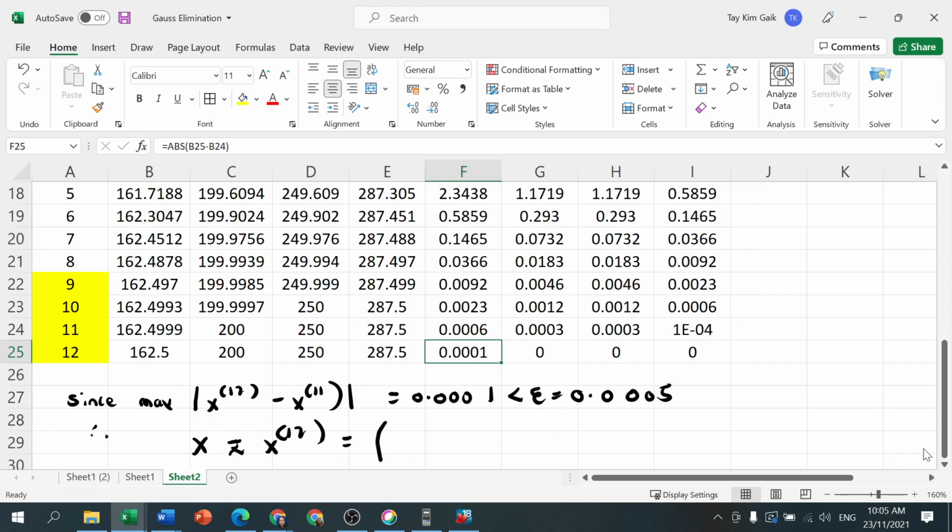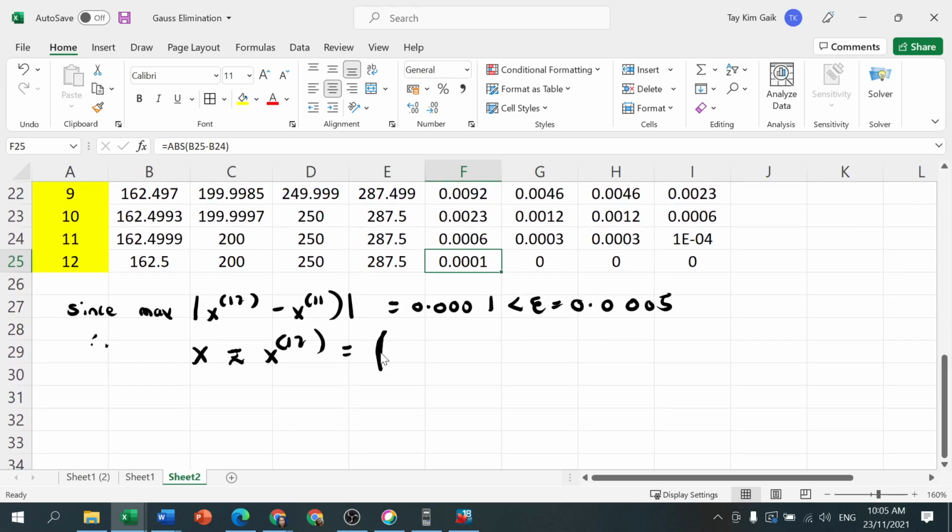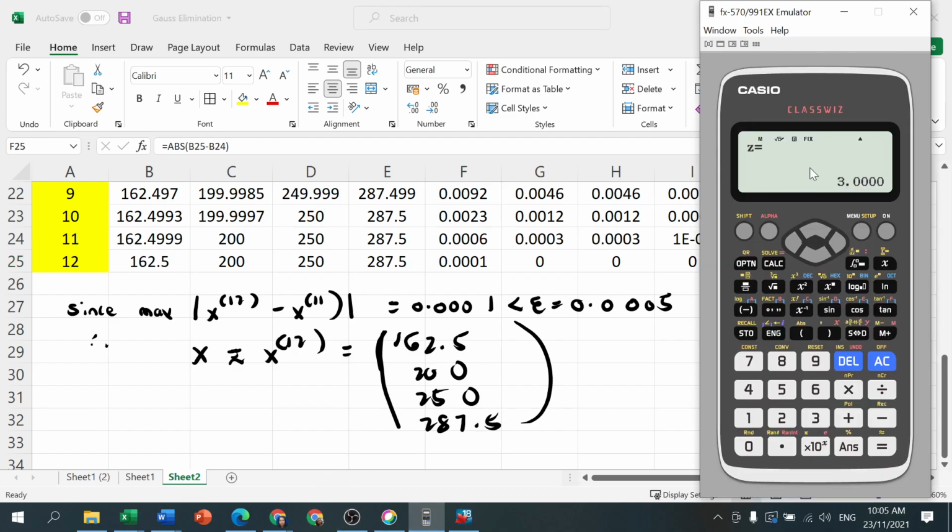Where the solution in vector form is 162.5, 200, 250, 287.5. And you can always check it using the scientific calculator.